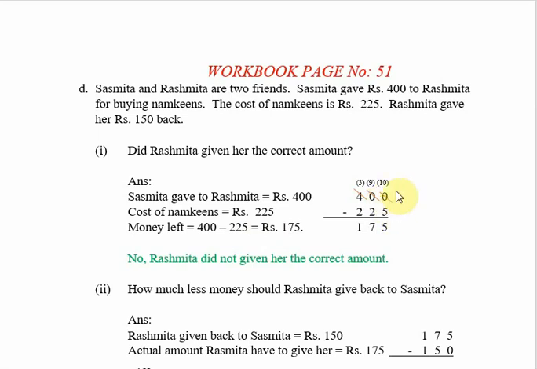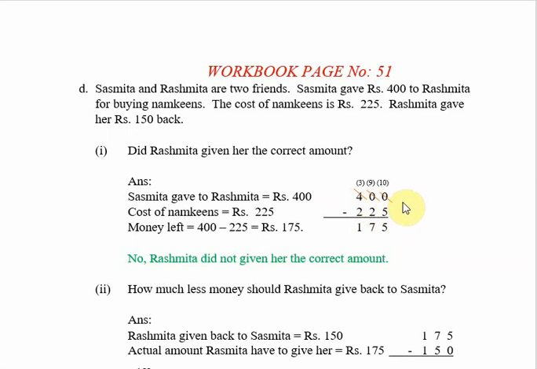Starting from the ones place, 0 minus 5. Is 0 minus 5 possible? No. So what do we have to do? We have to borrow 1 from the tens place. As we borrow 1 from the tens place, 0 will become 10. So 10 minus 5 is equal to 5. Here we consider this as 10.